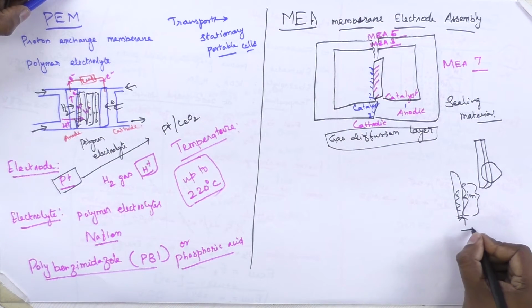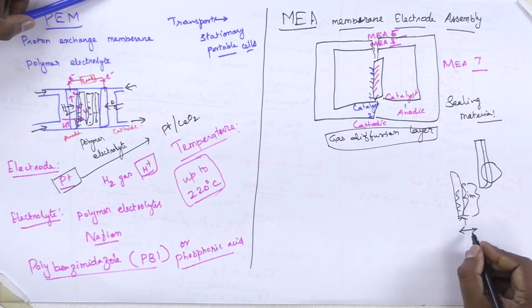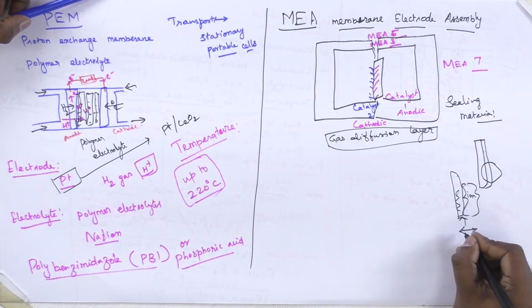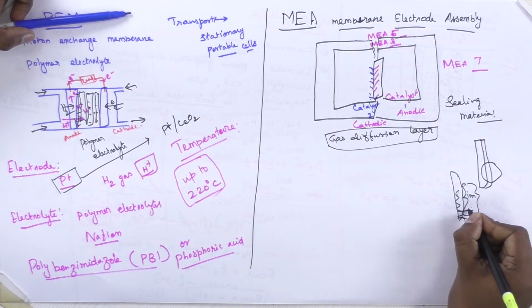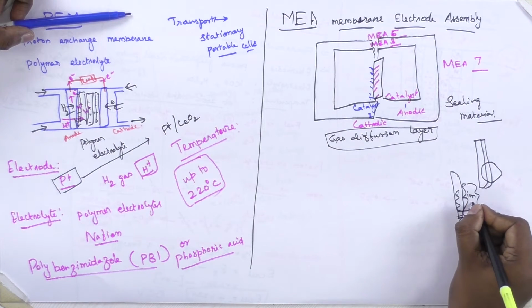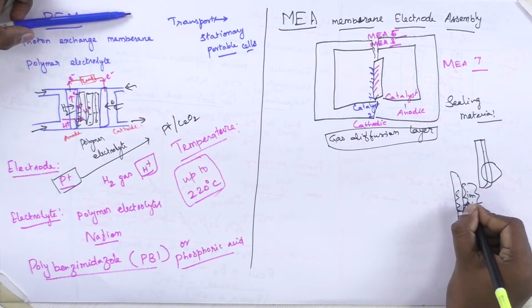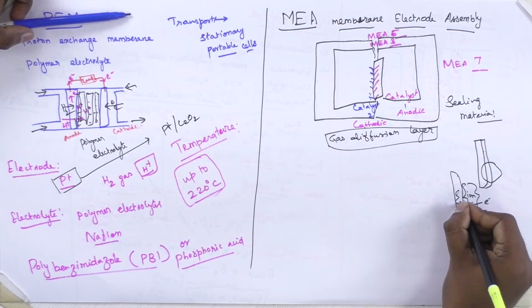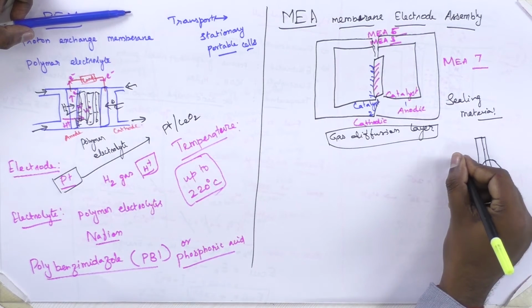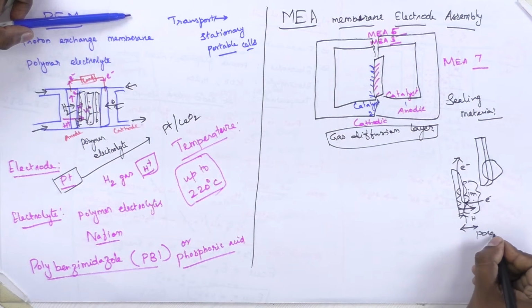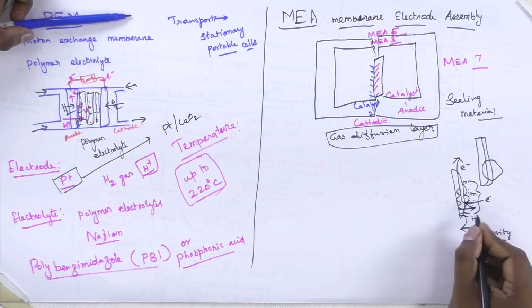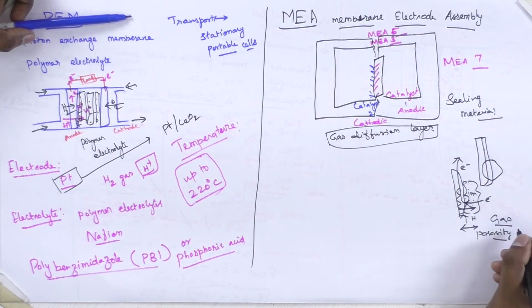In between, this is the surface layer, and here gas diffusion is possible depending upon the diffusion. So this is the movement of H plus ions, and the electrons from the solution go to the anode and outside. Depending upon the porosity, this gas diffusion is possible.